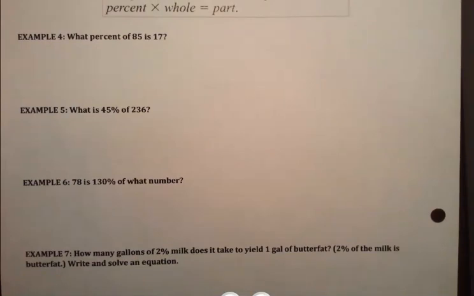Okay, so example 6. 78 is, notice this means equal, 130% of what number? Ooh, so there's our whole. So 78 is our part, because it is 130%, there's our percent, of what number? This time we're looking for the whole.